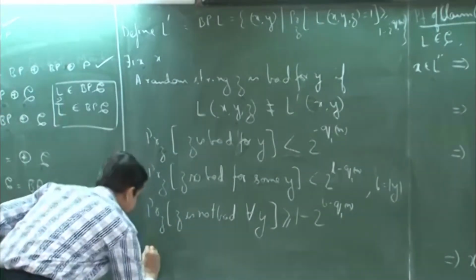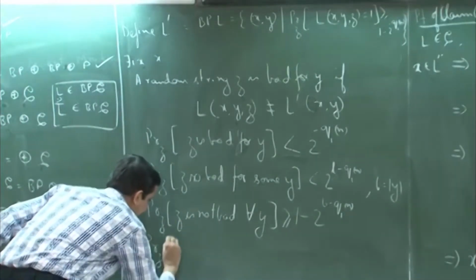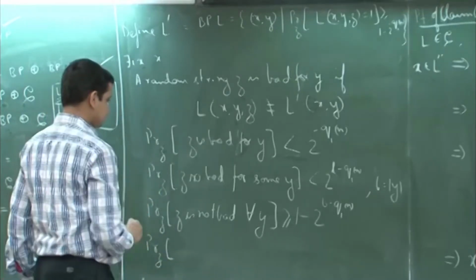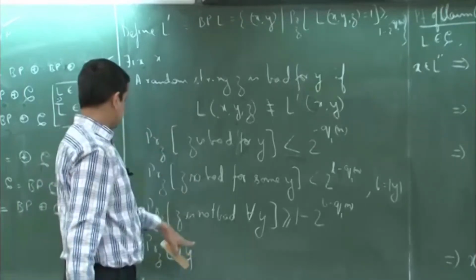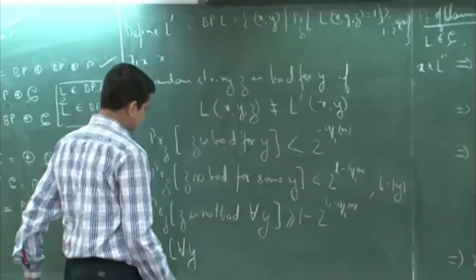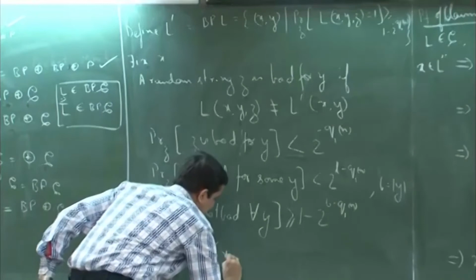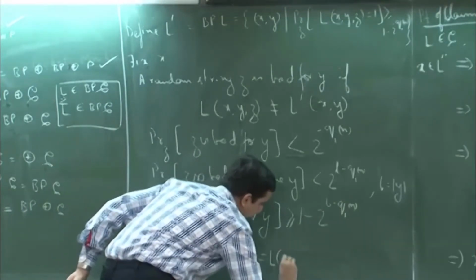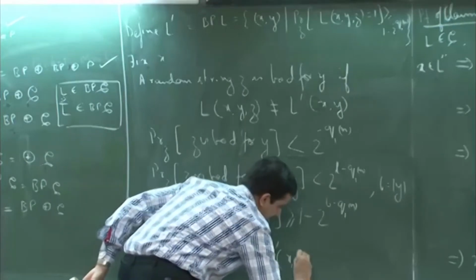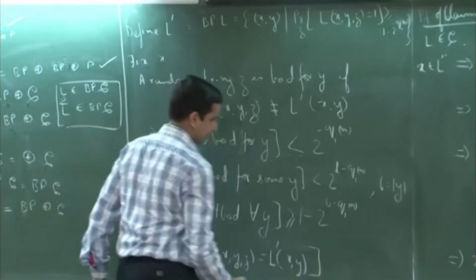Again I can write this as the probability that for all strings y, z is not bad, which means that L x y z is equal to L prime x y.